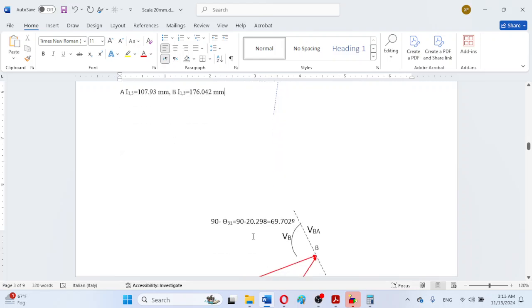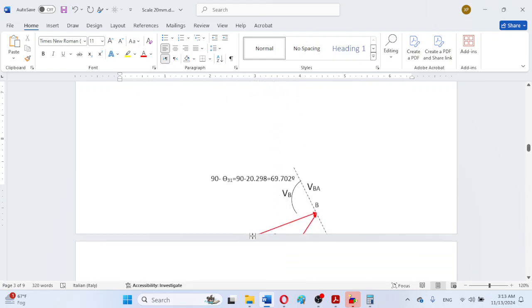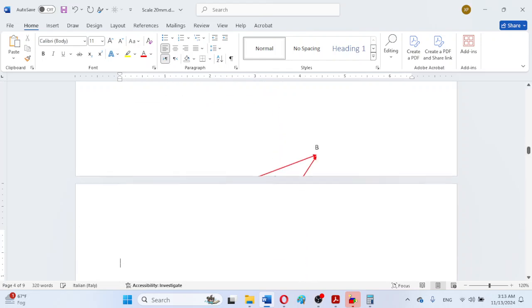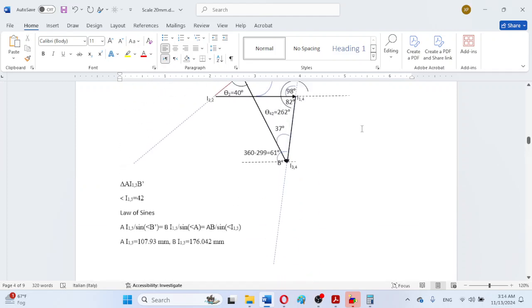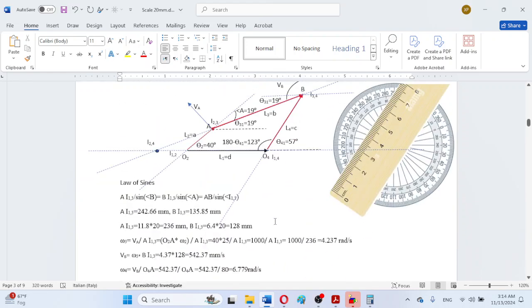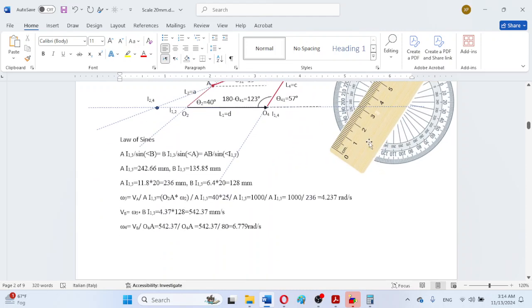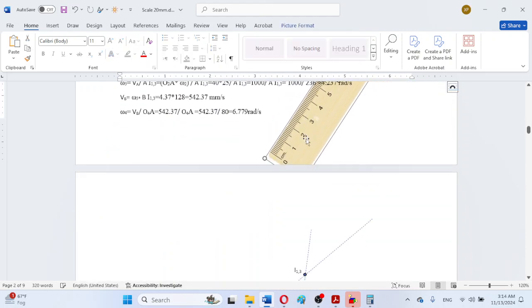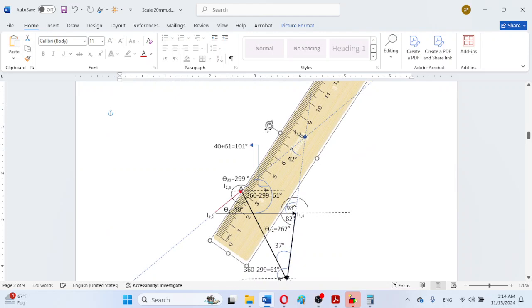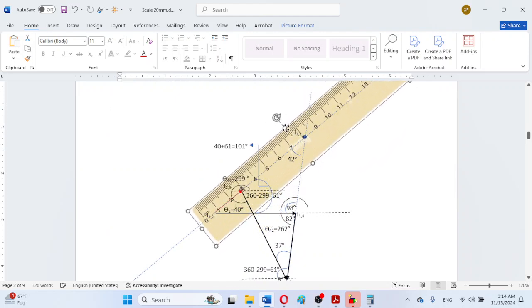Now we can calculate the graphical results for the purpose of comparison. So move, for example, this scale here, and in a similar manner just reorient it.